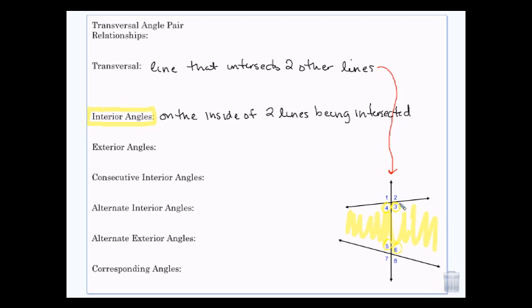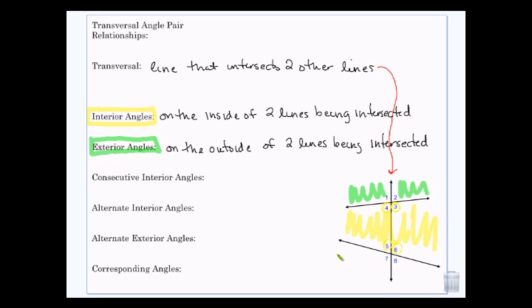There are 4 of them. Exterior angles are on the outside of the two lines. Okay, so if my interior was yellow, I'm going to make the exterior green. So all of this out here is the exterior. And I have 4 exterior angles.